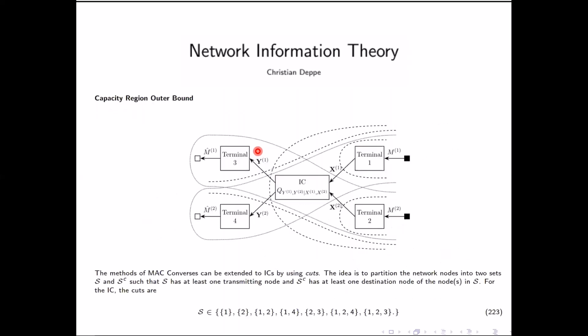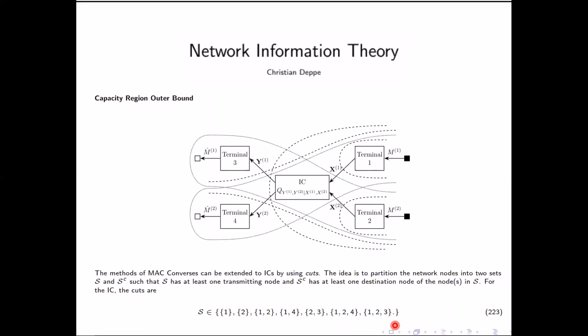So we do it in the Ahlswede style in this way. Now we can do it, and it's a little bit more complicated, for the interference channel. For the interference channel, we have to do these cuts. You see it here: this is cut 1, where we only have terminal 1 inside. This is cut 2, where we only have terminal 2 inside. Then we have a cut where we have terminals 1 and 2 inside, then terminals 1 and 4, 2 and 3, 1, 2 and 4, and 1, 2 and 3.